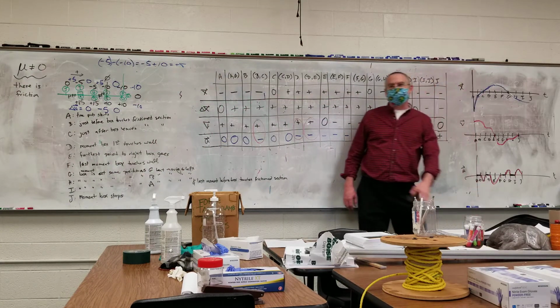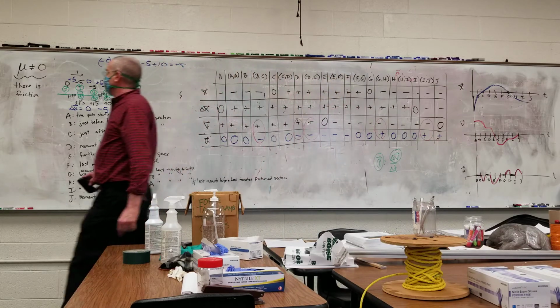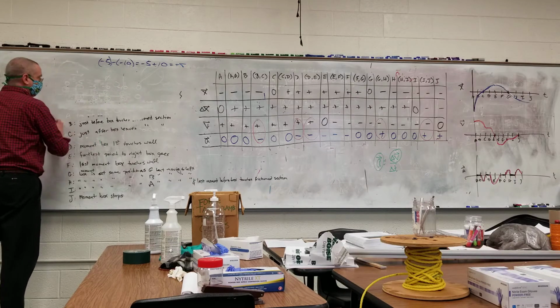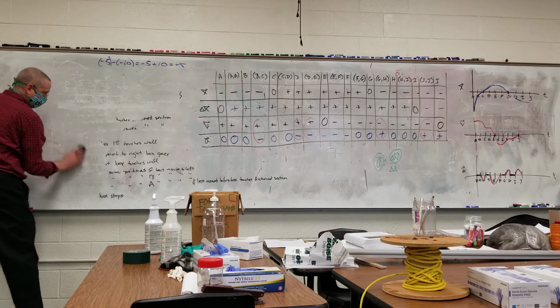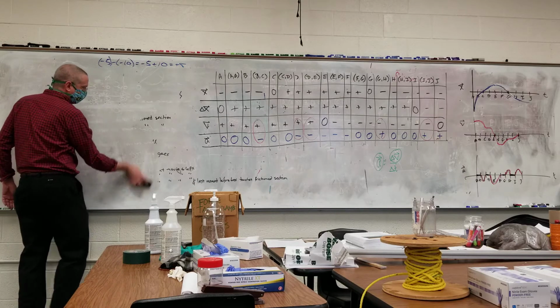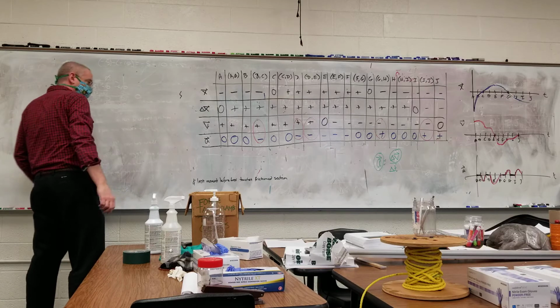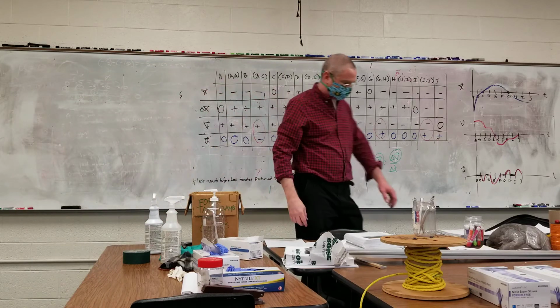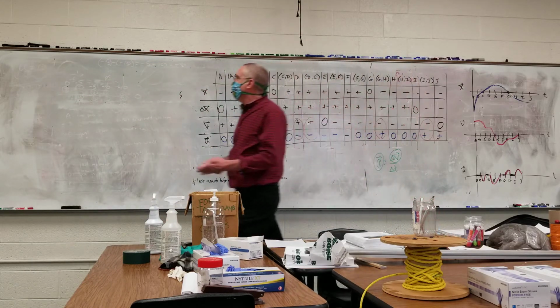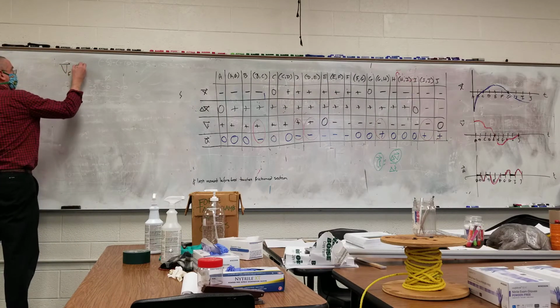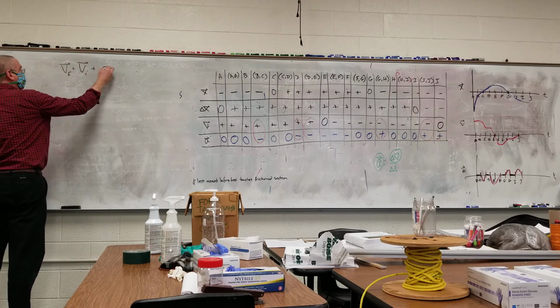All right, back to the kinematic formulas, which was the last thing that we did last Thursday. We had derived already that the final velocity is equal to the initial velocity plus acceleration times time.